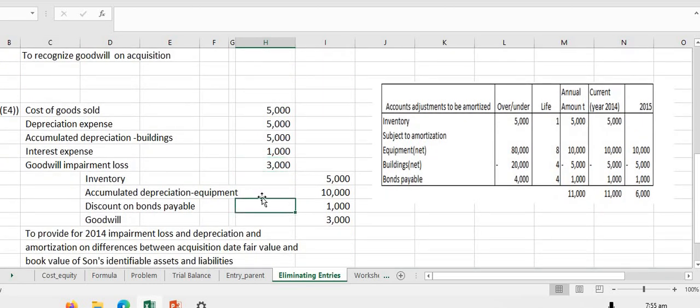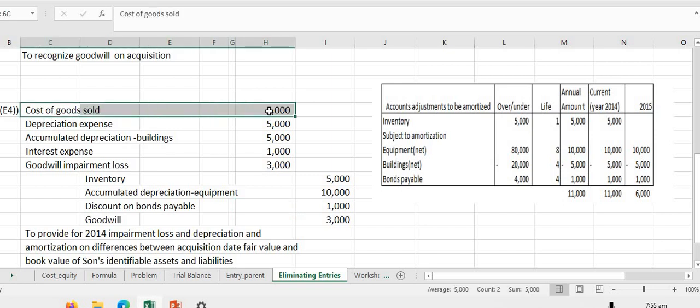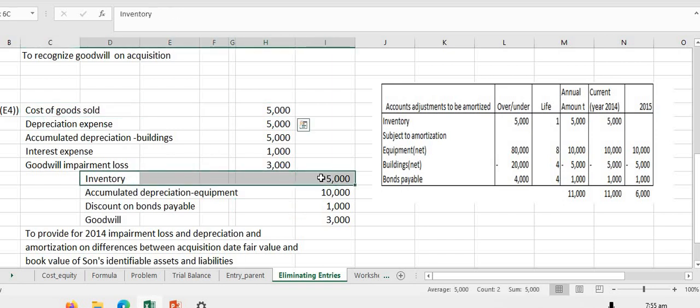Okay? So, to summarize, the entry for the inventory is debit cost of goods sold, credit inventory.